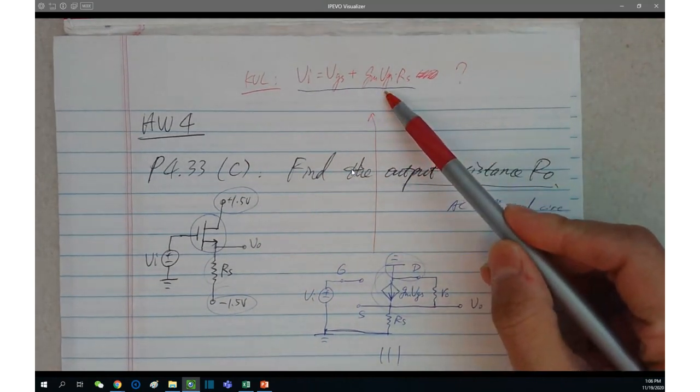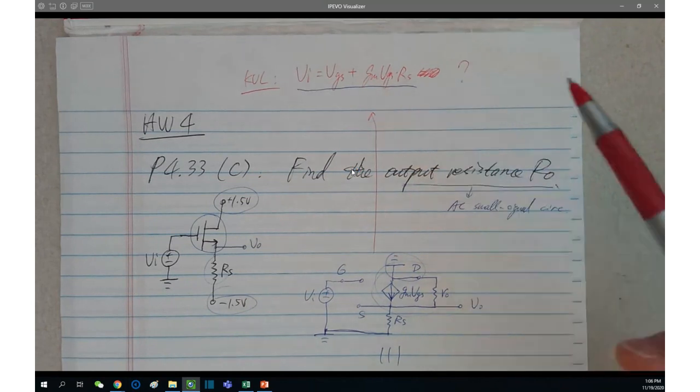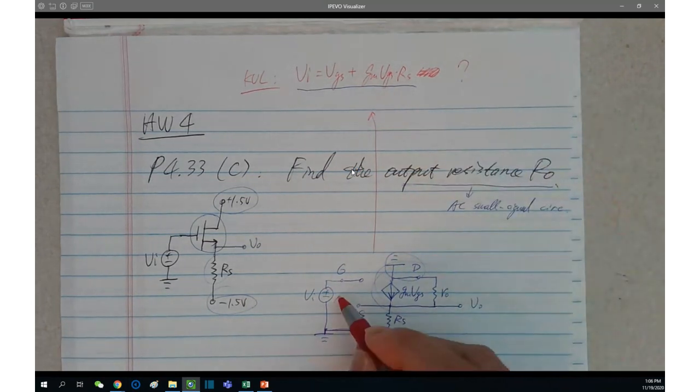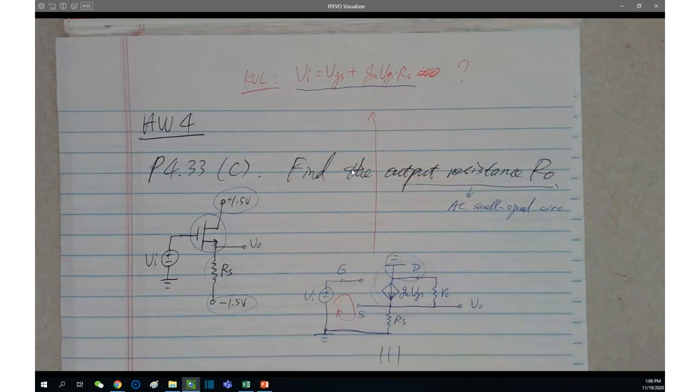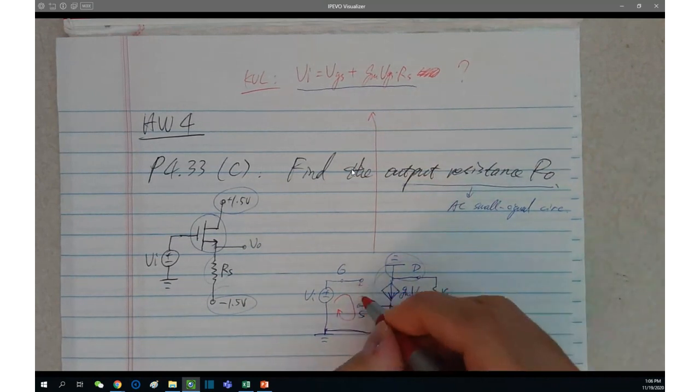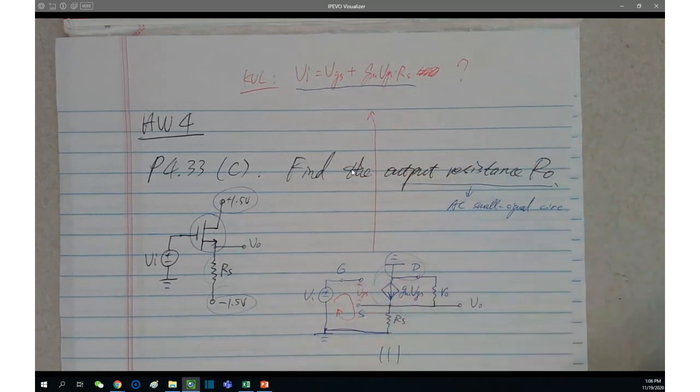Obviously, this is a KVL inside of this loop. Here is VGS. Take a look. Is this equation right or wrong? Kevin said it looks right. Any agreement or disagreement?